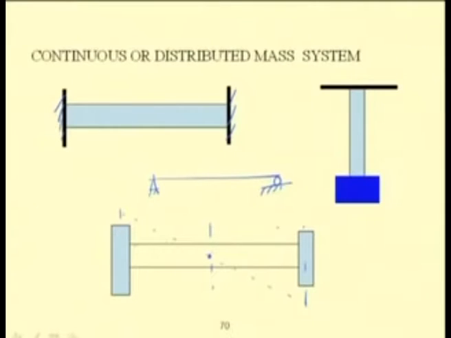So, one can find the two natural frequencies of the system by taking the stiffness of the system.